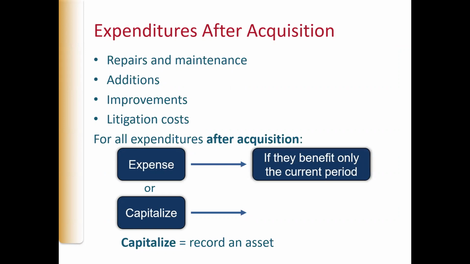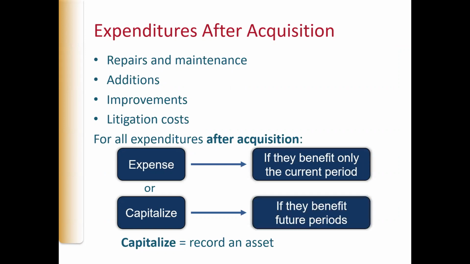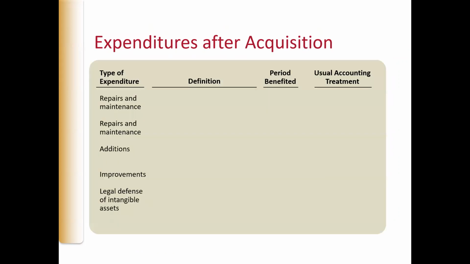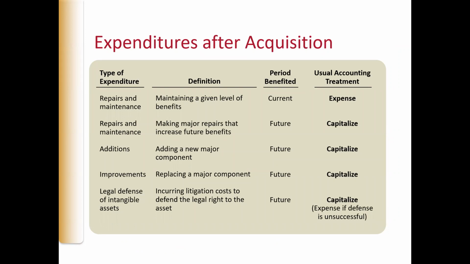Now, we expense them if they only benefit the current period, but we're going to capitalize them if they benefit future periods in addition to this current period. So items such as repairs and maintenance, they benefit the current period. That's why we're going to expense them. But if they do benefit future periods, we're going to capitalize them.